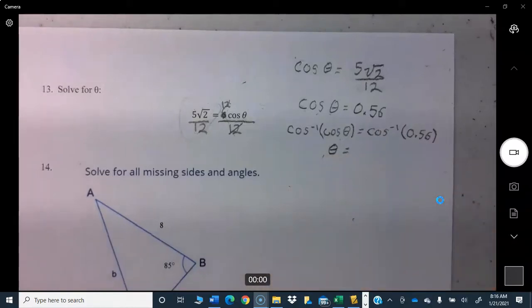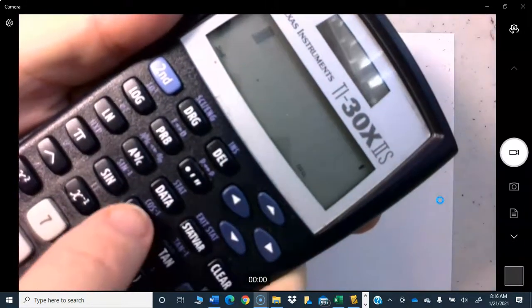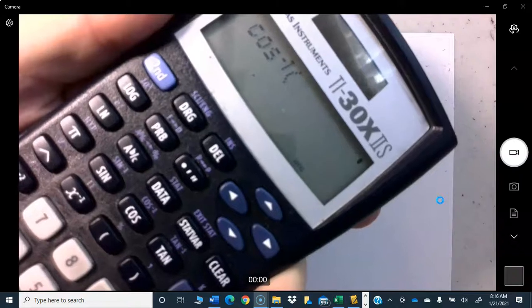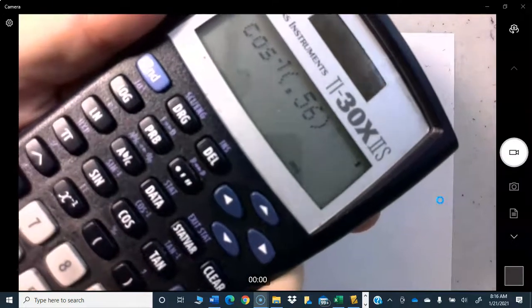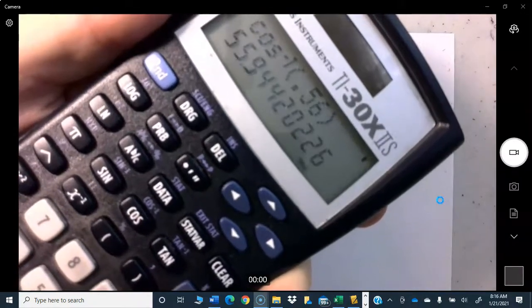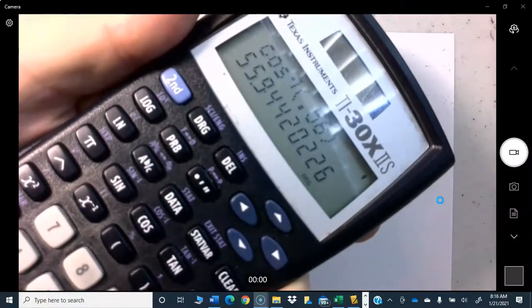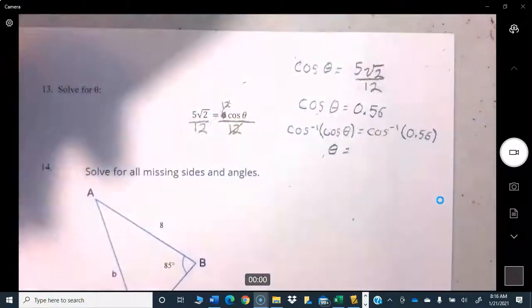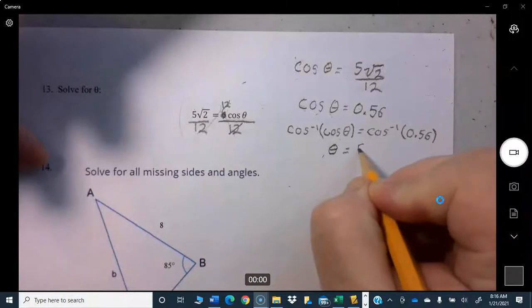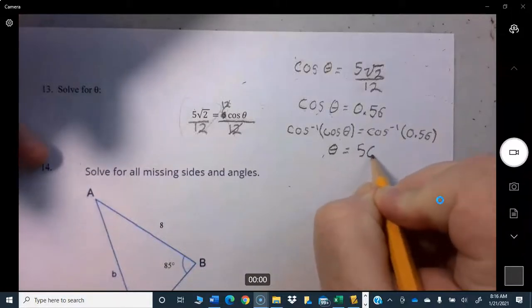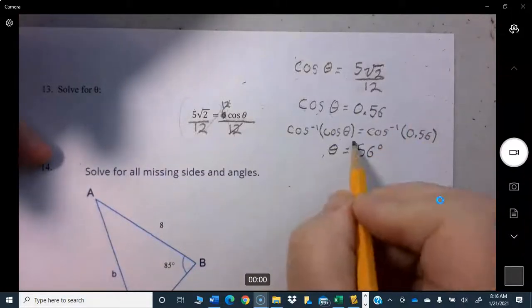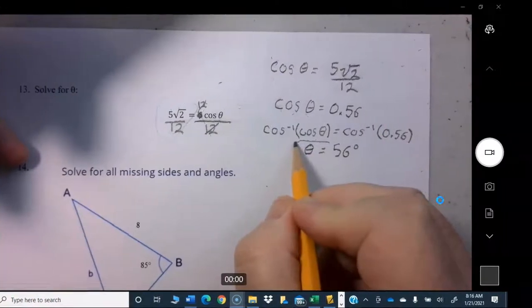And the inverse cosine of this is going to be second cosine, and it's 0.56. And that gives you an angle of 55.9, or 56, we'll call it, degrees, and that's your final answer.